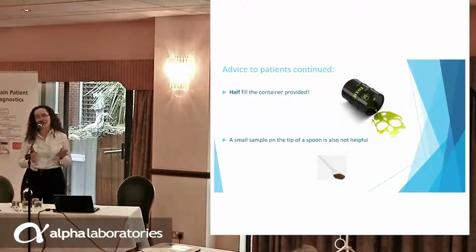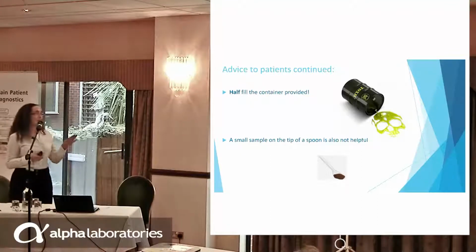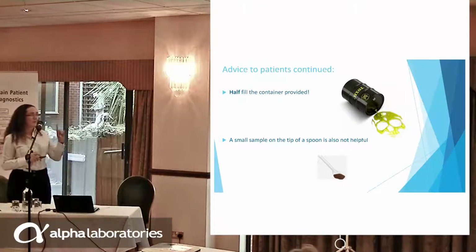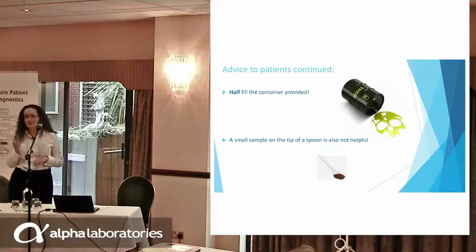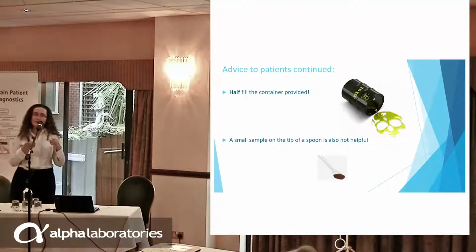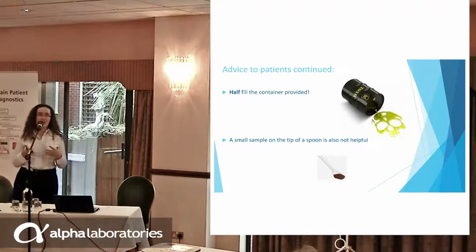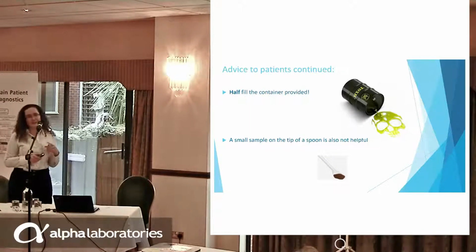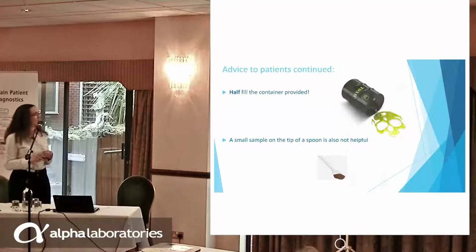We don't need quite that much stool sample, but the other extreme is that the small little tip on the end of the spoon that's quite often provided is really also not helpful. As we've said, calprotectin is not uniform within the stool, so if they only give you a little bit, you've got a high probability of not having any of it in the sample in the first place. So they're not giving you the best chance of isolating it.